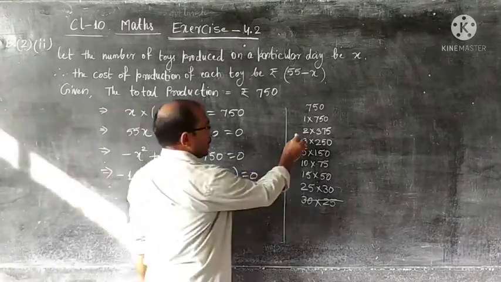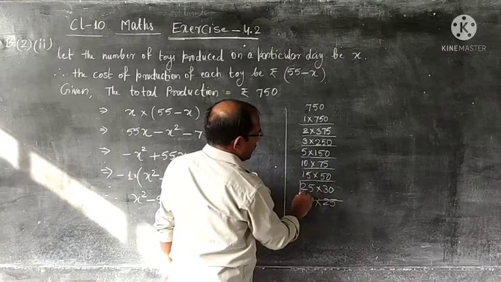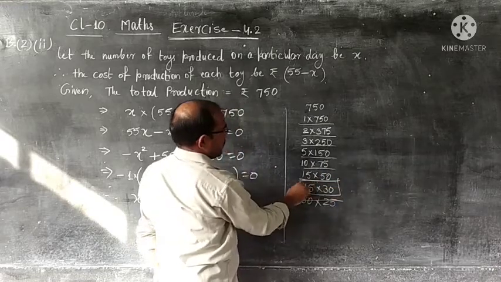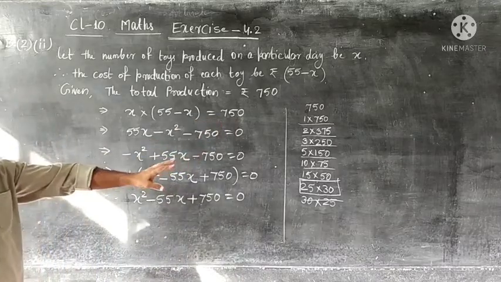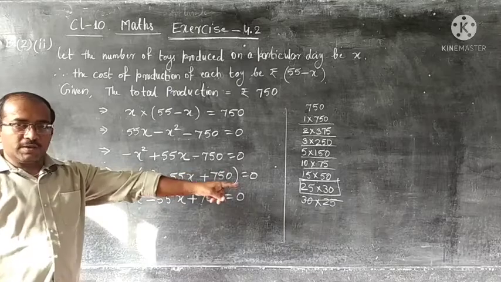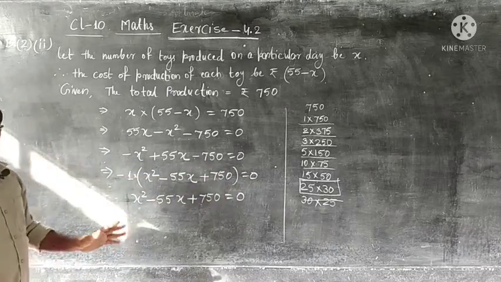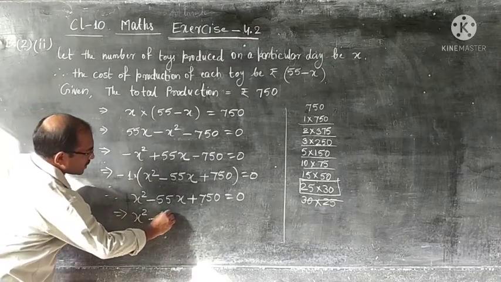If we look at all the factors one by one, only 25 and 30 can give us 55. No other pair will give 55. 25 plus 30 is 55. So that is the way of factorizing the middle term.